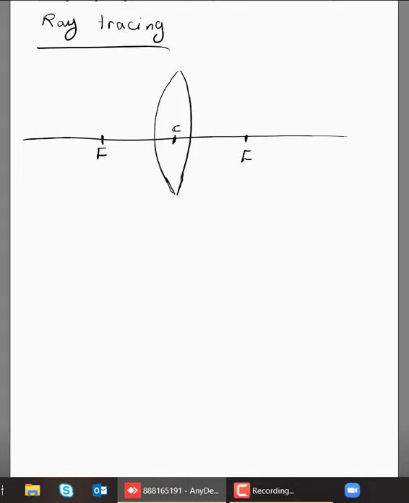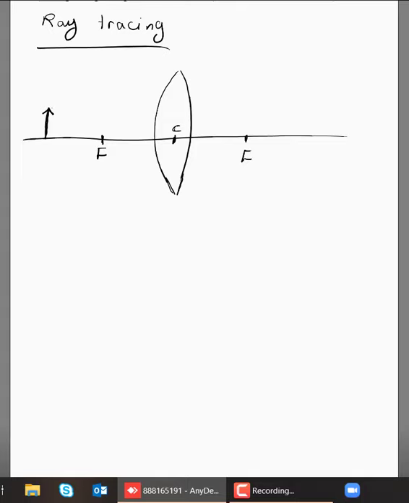So again, we define three rays, if you remember them. Let me place the object behind the focal point here. This is my object. Now, the P ray propagates parallel to the principal axis until it encounters the lens.